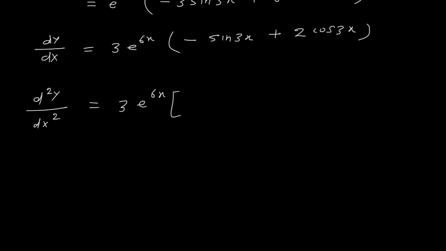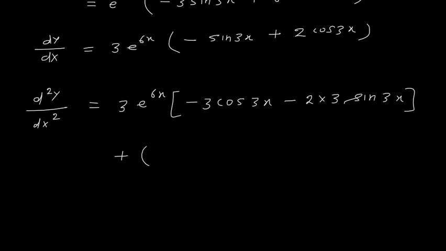So here the derivative of sine is cos, so it is minus 3 into cos 3x minus here 2 into 3 into sin 3x. I hope now you are very much comfortable with composite derivatives, so there is not much need of explanation. The derivative of sin 3x is cos 3x and then 3x gives 3. So I have written 3 into cos 3x.